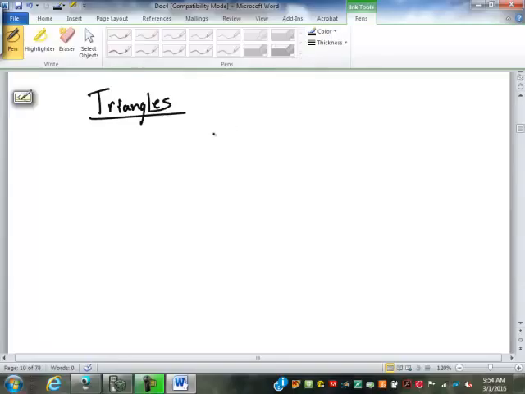So we're going to look at triangles that have special qualities like this one. What type of a triangle is that? What special name does that have? Isosceles. Very good.